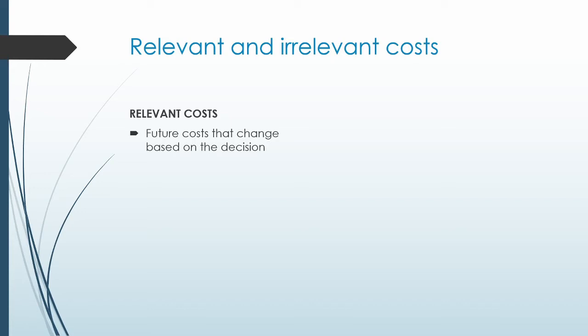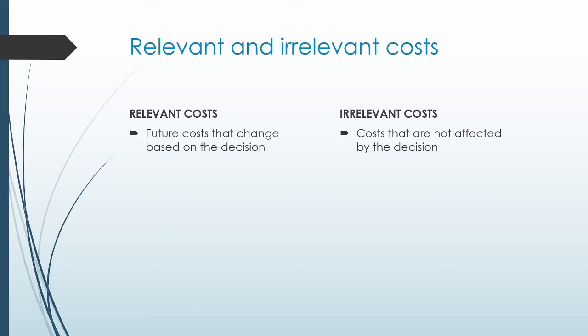Our relevant costs are future costs that change based on the decision we make. On the other hand, irrelevant costs are costs which are not affected by the decision. Let us think of time at university. You have signed up for a module and you are now allowed to attend the lectures. Your friends then invite you to a movie that clashes with your lectures. You could attend the lectures or you could go and watch a movie with your friends.